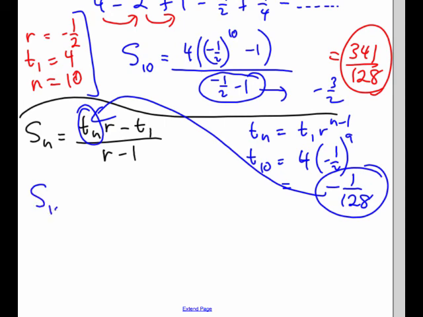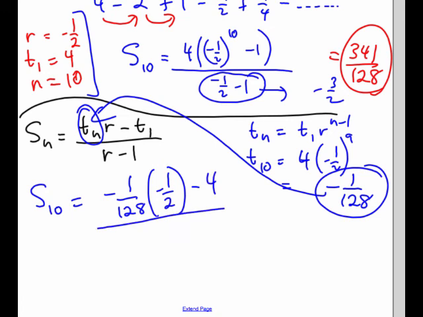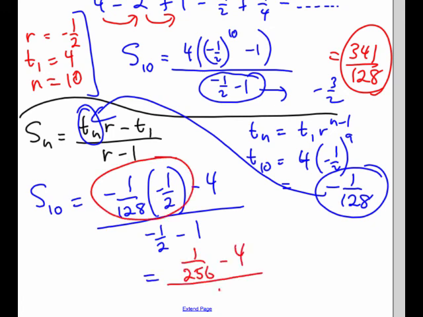And so the sum of 10 terms would be negative 1 over 128 times r, which is negative a half, minus term 1, which is 4, all over r minus 1. And so this is 1 over 256 minus 4, all divided by negative 3 over 2.